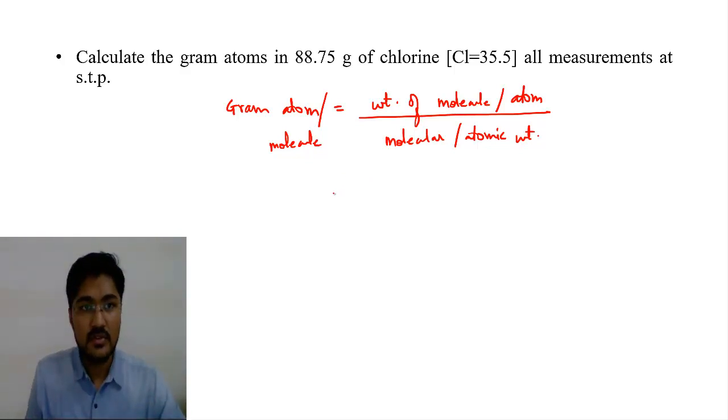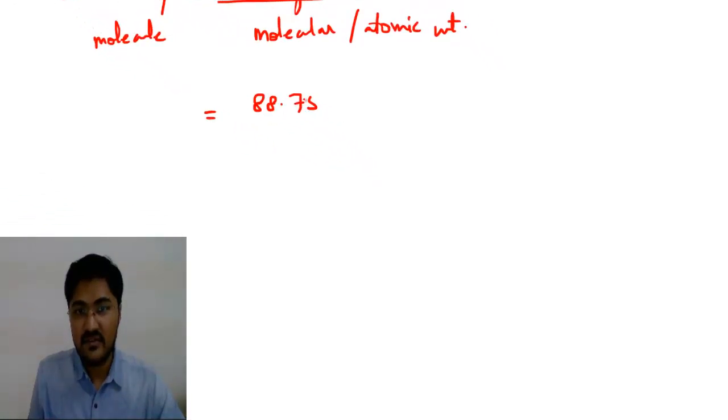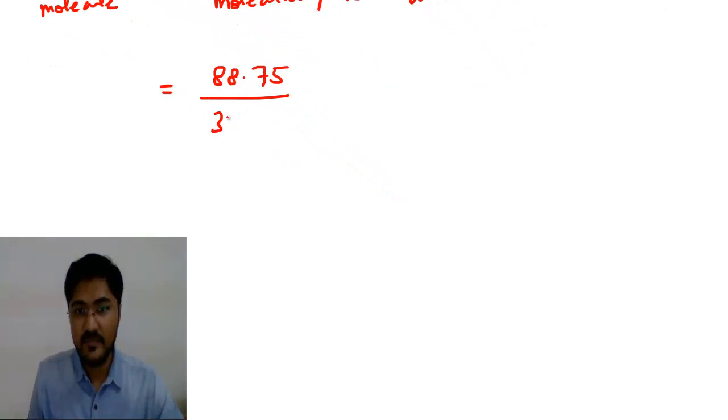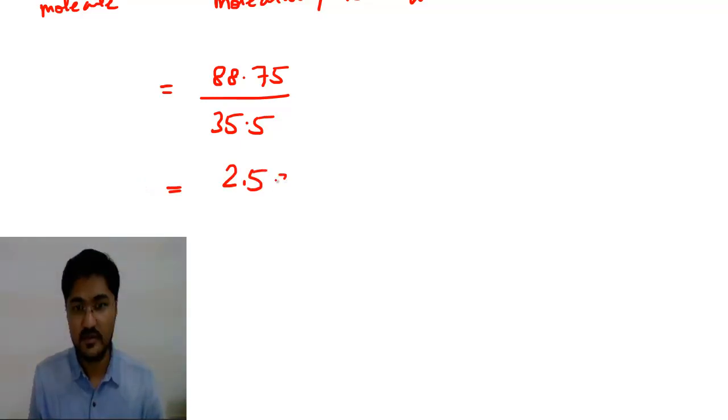So gram atoms in 88.75 grams will be 88.75 divided by 35.5, which comes down to 2.5 gram atoms.